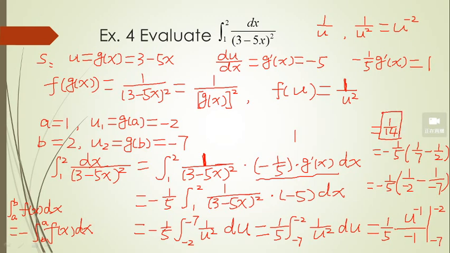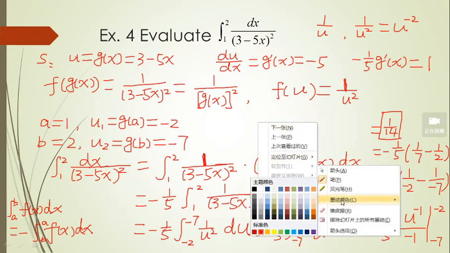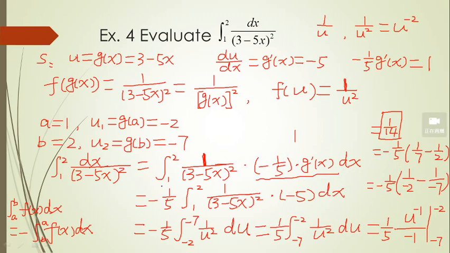It's not really easy, okay? It's not really easy to get the final answer 1 over 14. Here, minus and minus will cancel, okay? So we should be careful about the part when we change the variable into u, the lower and upper limit become g(b), g(a), and especially here, g(a) is greater than g(b), so we should apply this simple rule to switch the lower and upper limit.